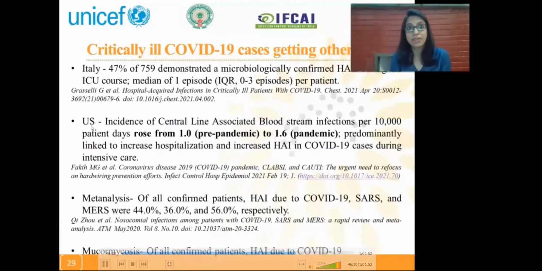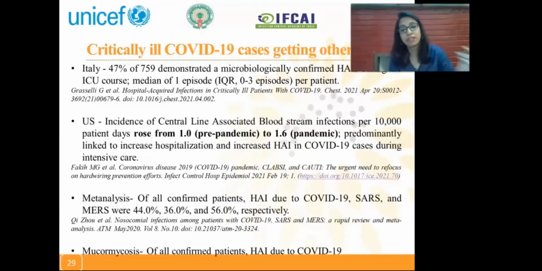Then hospital-acquired infections are not just due to COVID, but the COVID patients themselves, because they're admitted in the hospital for a longer period of time, develop further secondary infections. So in Italy, 47% of very sick patients developed secondary infections. In the US, the secondary infections in the overall hospital increased from 1 to 1.6.